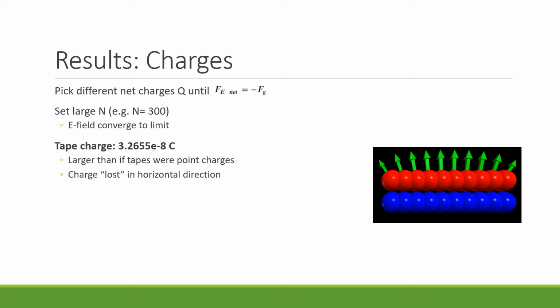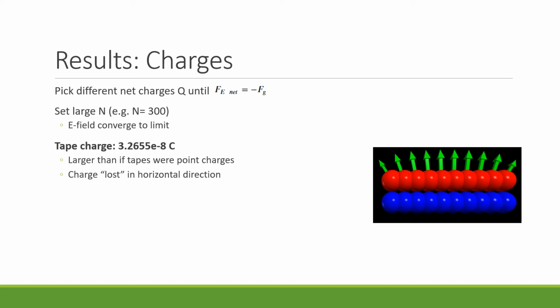And so I found that the top tape's and the bottom tape's charge were both 3.26 times 10 to the negative 8th coulombs. And this is larger than when I modeled the tape as point charges. And that's because if you notice here from the illustration, some of the force generated by each piece of the bottom tape on the top tape has some horizontal components.